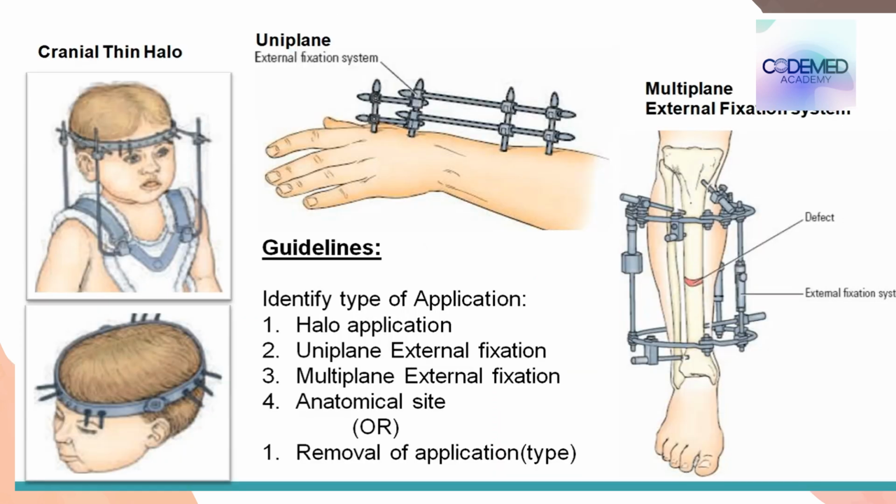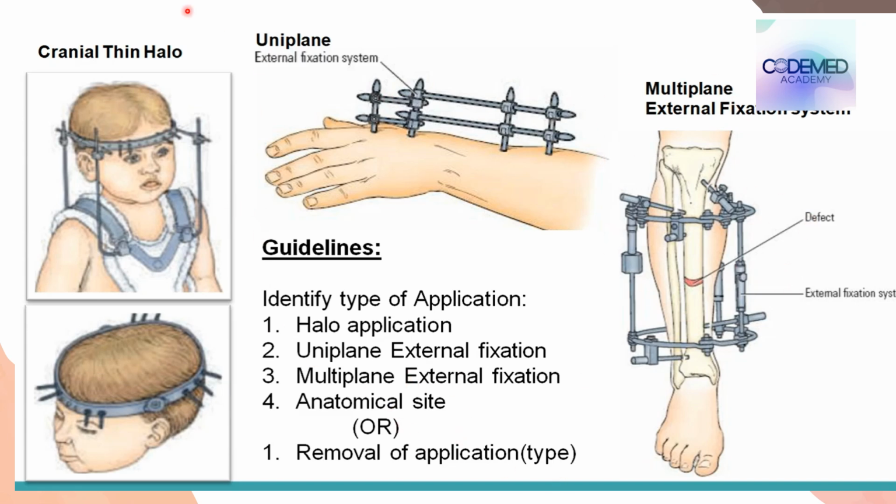Now this is a diagrammatic presentation of the external fixation system, and that comes under introduction and removal. In this introduction we are introducing the external fixation system, and in this external fixation system we have a uniplane system where all the screws are in the same plane, and multiplane where all the screws are in a different plane.